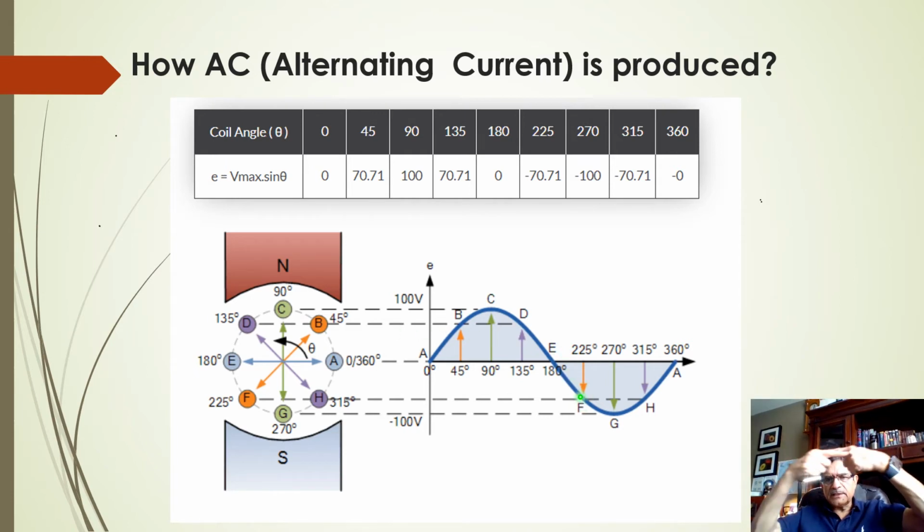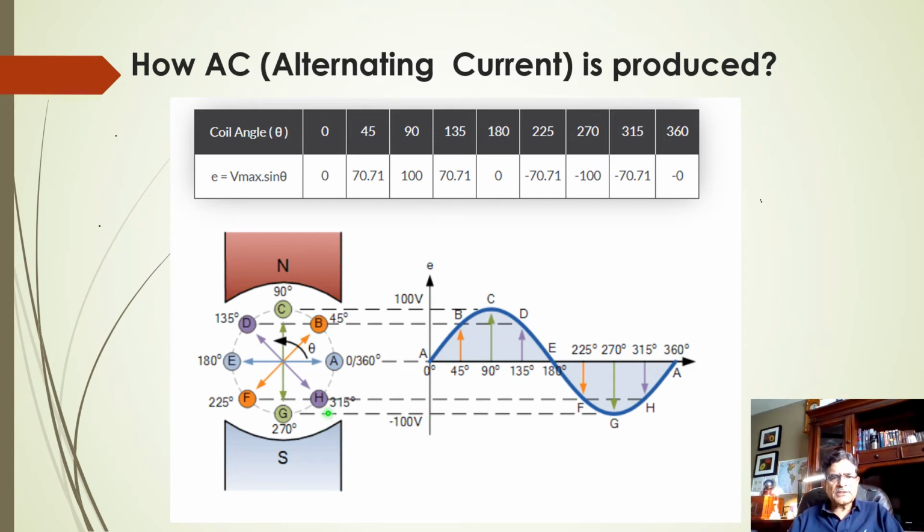It has become like this now. And then another 45 degrees, position G, it cuts maximum, so there is a maximum voltage at G, which is the same as at C, which is 100 volts. So now 100 volts are created, but in the opposite direction.